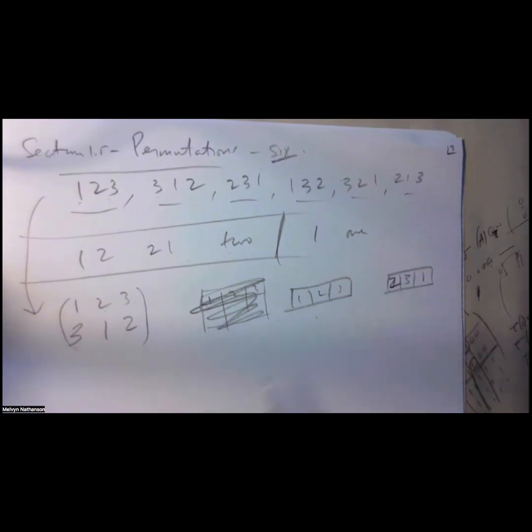So that corresponds to this arrangement of elements in the boxes. Here we're saying what position you put an element in. You put 1 in box 3, 2 in box 1. Whatever is in box 3, you move into box 2.